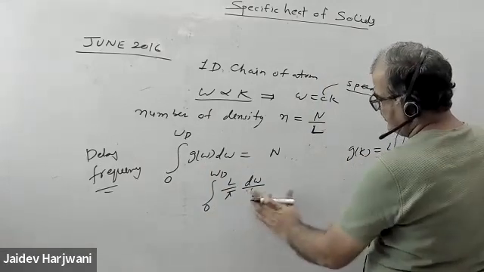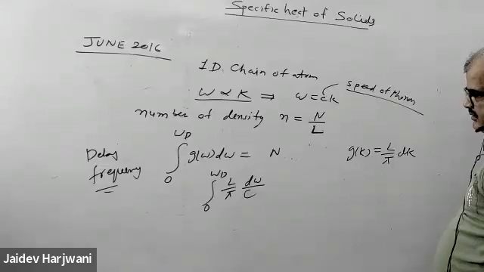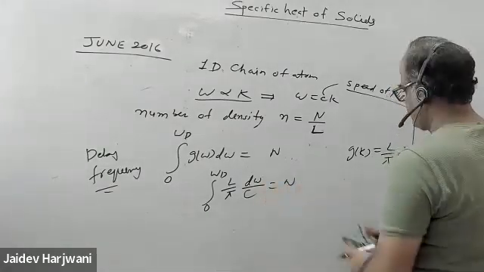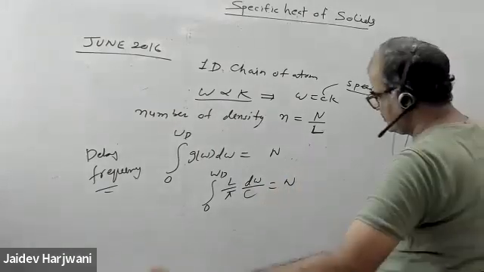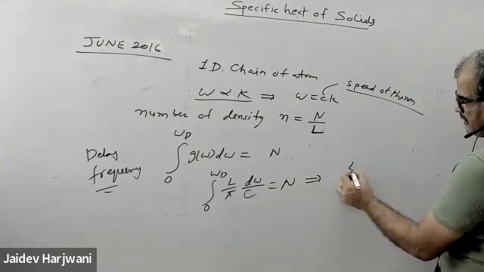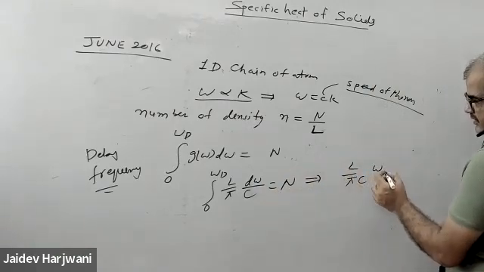Or here they are given c instead of v naught. Now calculate what frequency is coming. If you solve this one, L upon pi, c, d omega is simply omega.